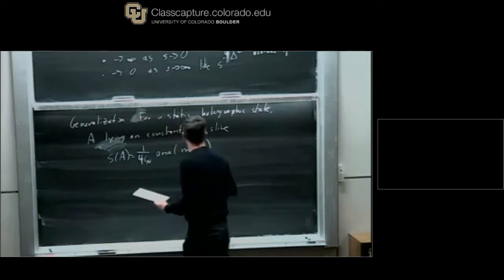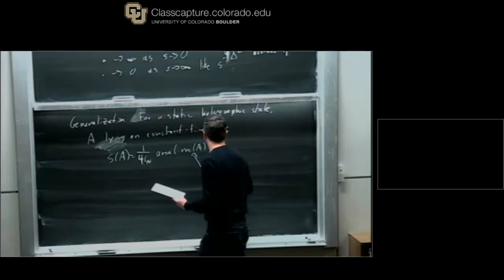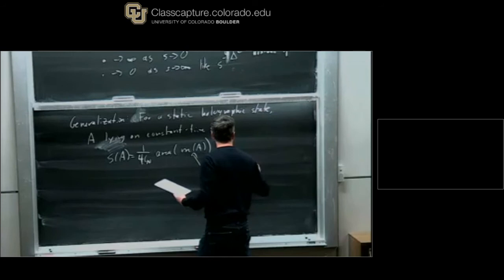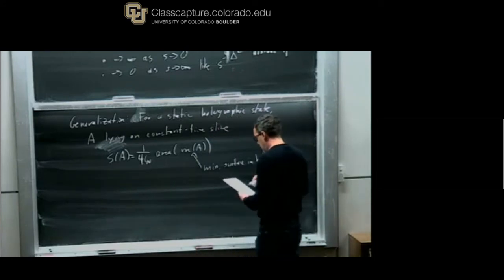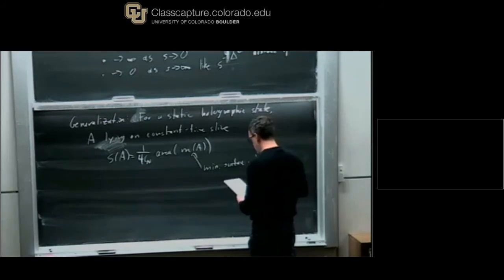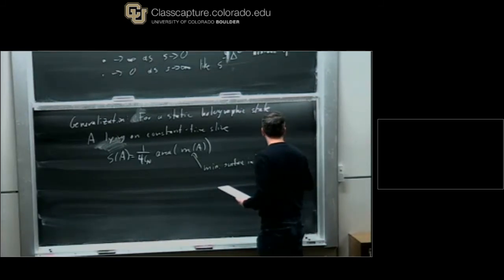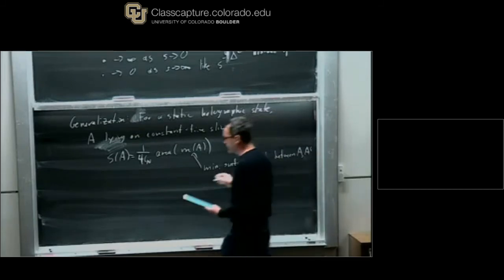Where this M is the minimal surface in the bulk that lies between A and A complement. So let me draw a picture.